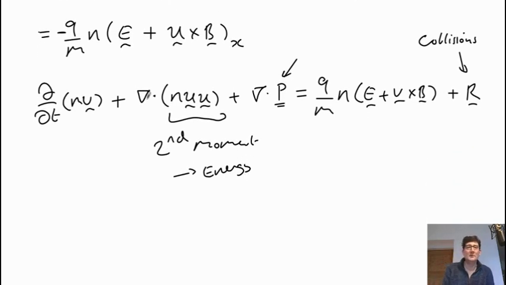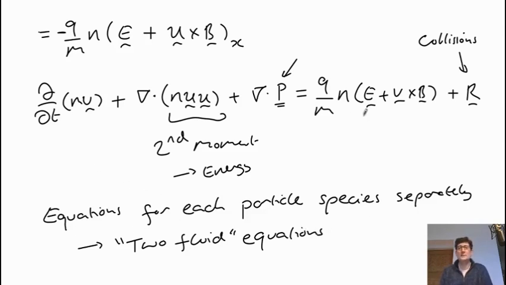But this equation here, for example, describes the equations for a single species. So this could be electrons, or it could be ions, and usually these equations are used for multiple species, in particular two species. So you might have ions plus electrons, and so these are equations for two fluids.